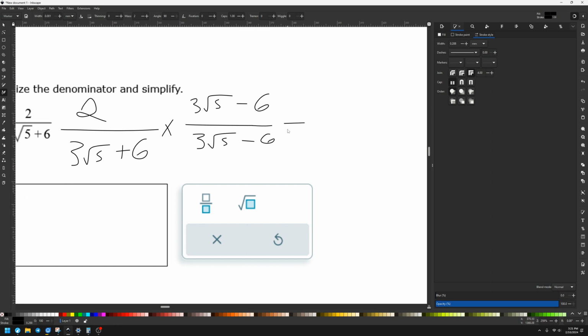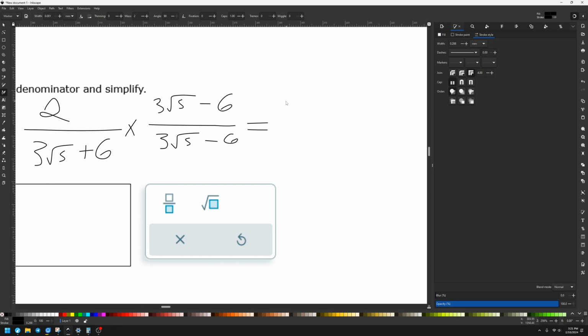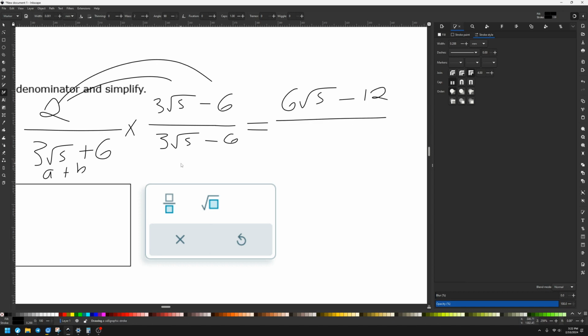Okay, so let's just find that real quick. Distributing the 2 to this and to that, we're going to have 6 root 5 minus 12 divided by, and here again, this is a difference of squares because this is a plus b times a minus b. That's going to be a squared minus b squared. a here is 3 root 5 and b is 6.